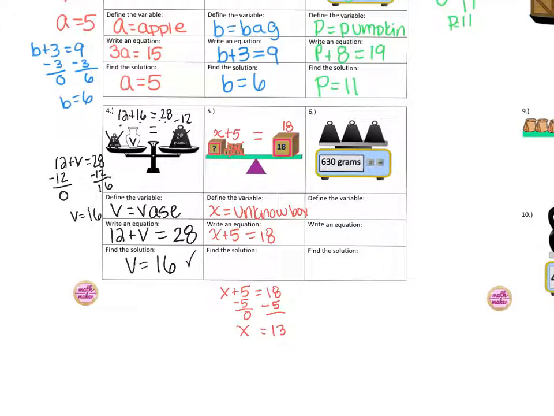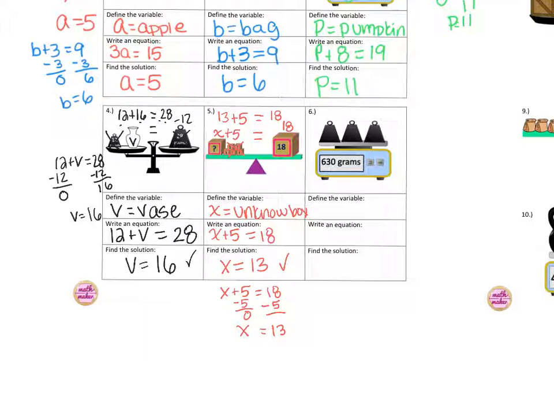And that's going to give me 13, which means our unknown block has to have a value of 13. To check that, I can say, well, if I have 13 plus my 5 blocks, that has to be equal to the 18 over here. 13 plus 5 is 18, so I know that that is correct.